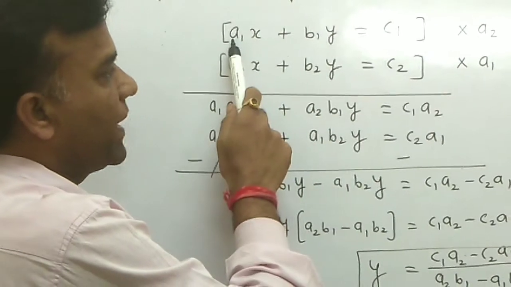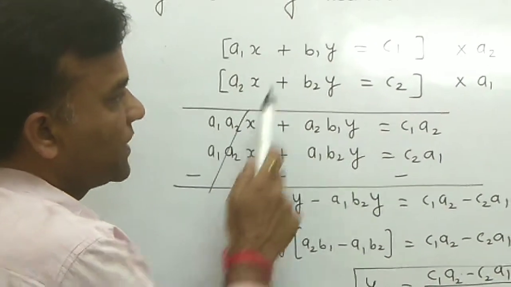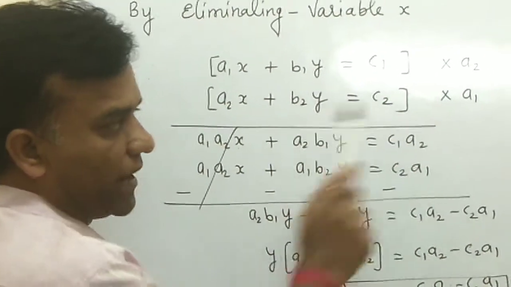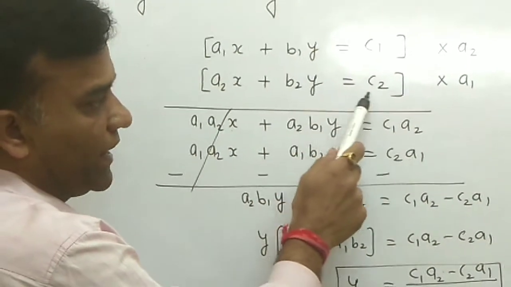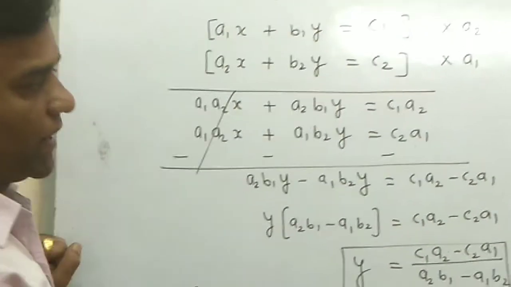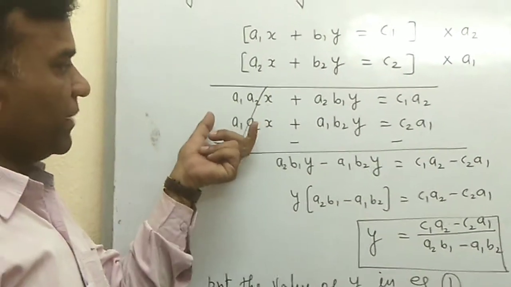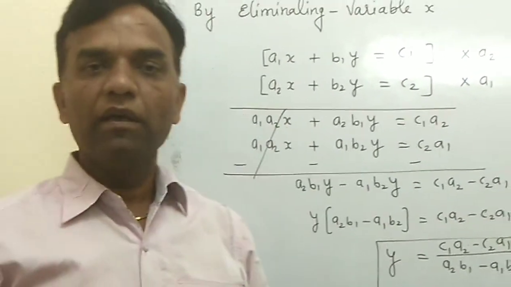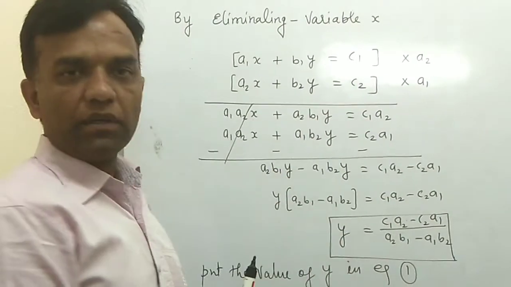So your equations now become a1 a2x plus a2 b1y equal to c1 a2, and similarly a1 a2x plus a1 b2y equal to c2 a1. Now you see whether the coefficients in the first and second equations have the same sign. If they have the same sign, then you change the sign of everything in the second equation.